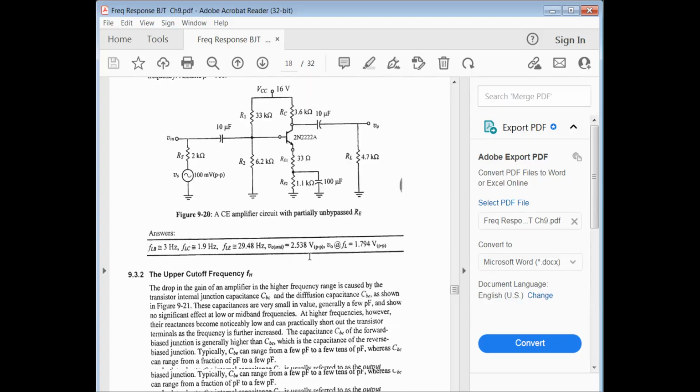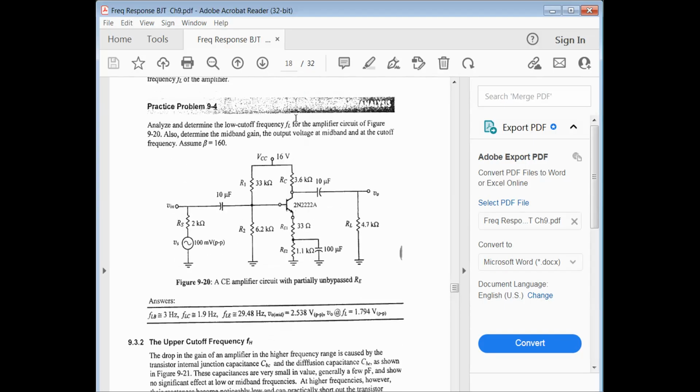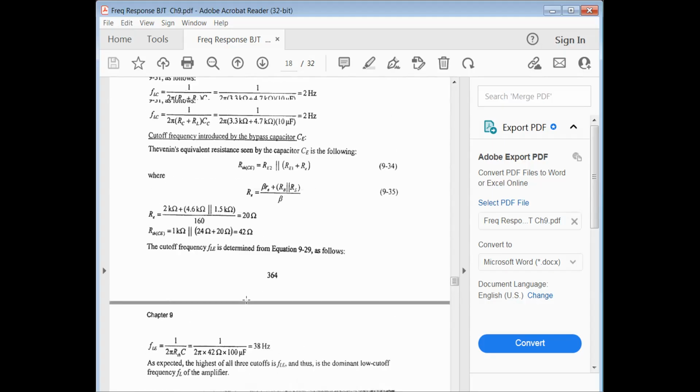I didn't cover that with you. The last part here asks, what is the voltage? The voltage at mid-band is just the gain times Vin. And at the cutoff frequency, let's go back and talk about what the voltage looks like at the cutoff frequency.